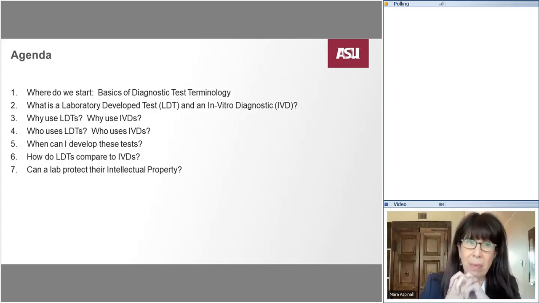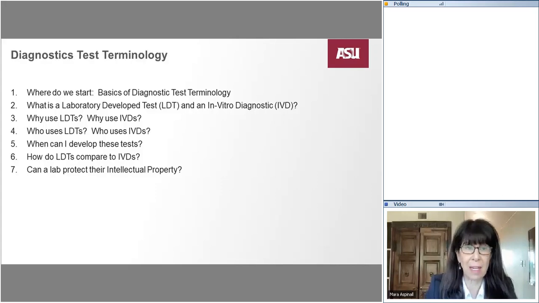When can I develop these tests? How long does it take? What are the key parts to doing it? How do LDTs compare to IVDs? We'll be talking about that throughout our presentation. And importantly, can a lab protect their intellectual property or IP, both for an LDT and an IVD? I hope that gives you a comprehensive sense of what we're going to talk about today.